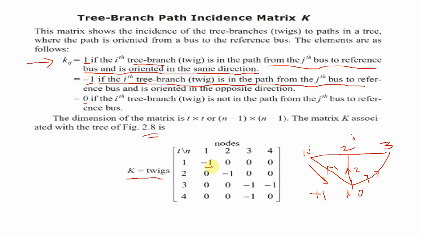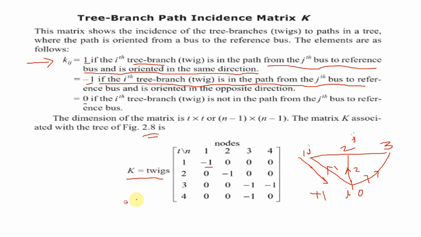Here the diagram is given opposite to that, so minus 1. Here also we are looking from the reference node, so this is your reference node and this is your ith node, but the direction is opposite, so minus 1. The similar concept is applicable here, and according to that we form the tree branch path incidence matrix.